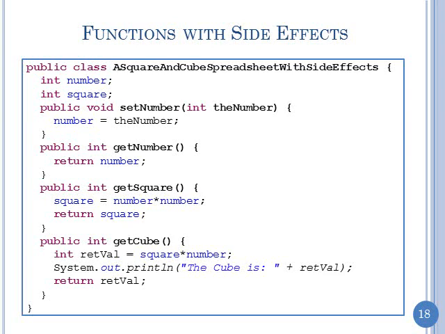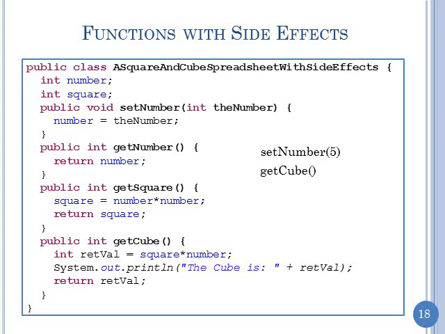You don't like it? Well, if you execute get square for some number, and you decide to change that number with your set number function, then you use get cube. Get cube will not return the right value. The square will still be with the original number. So let's take a simpler example. I say set number 5.